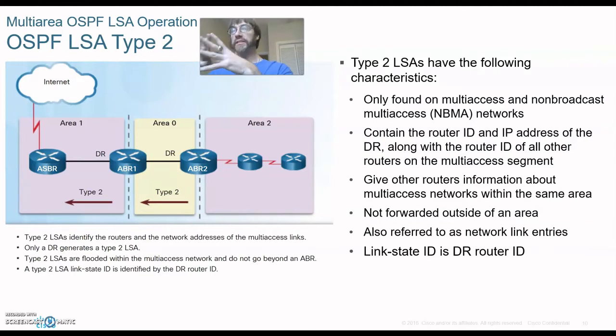A DR, a designated router, will generate a type 2 LSA after it has established neighbor relationships on behalf of all of the DR other routers in its little circle. These also stop at the area border router, in which case they will be turned into some sort of summary route. These are network link entries. We won't see these until we start working with DRs and BDRs in chapter 10.